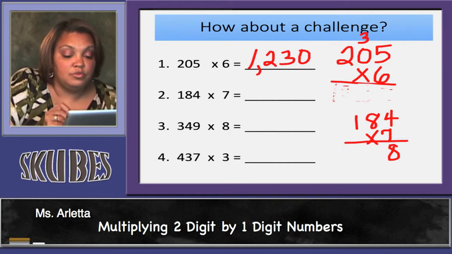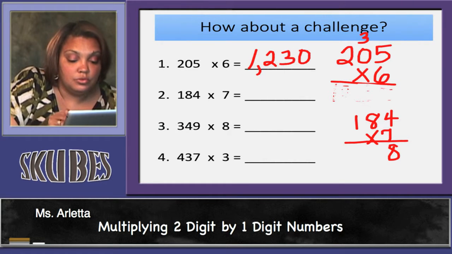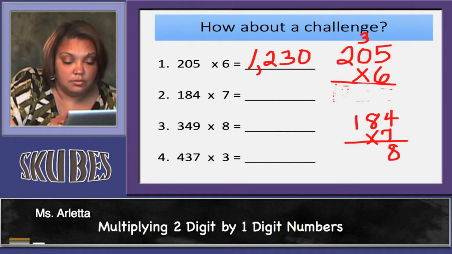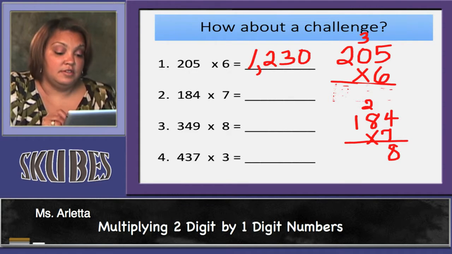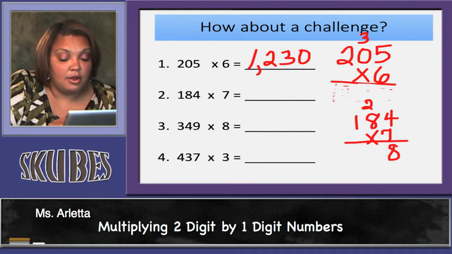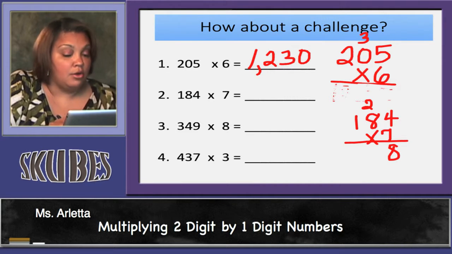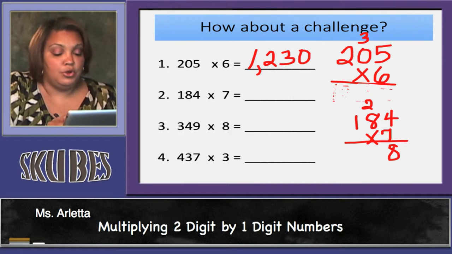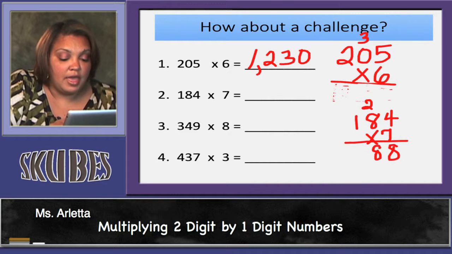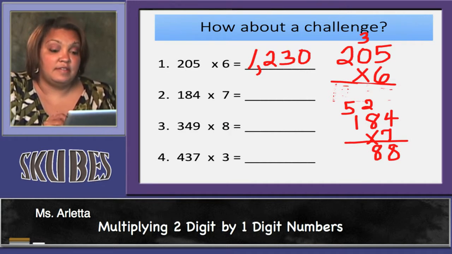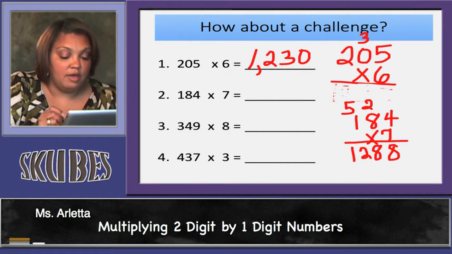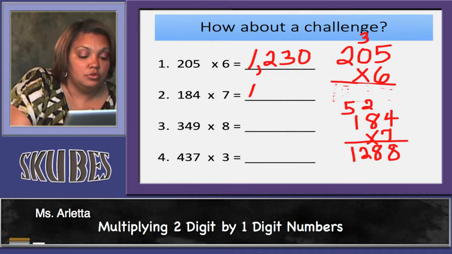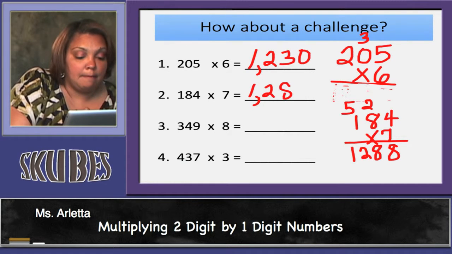I have 8 here, which means I need to carry my 2. Now, 7 times 8 is 56, and I have to add that 2 that I carried, which is 58. Am I going to write the entire 58 here? No, I'm not. I'm only going to write the 8 and carry my 5. 7 times 1 is 7, plus the 5 makes 12. We have an answer of 1,288.